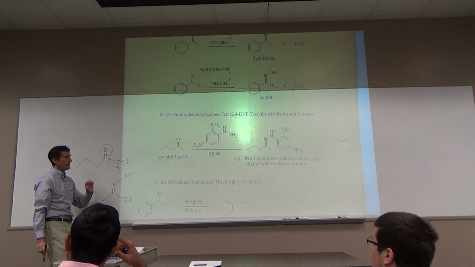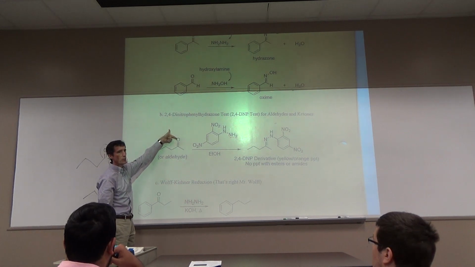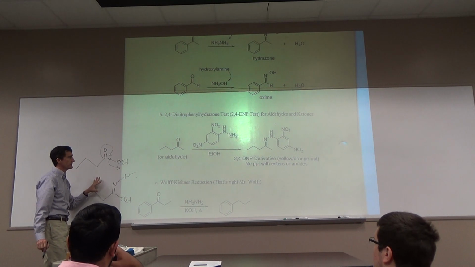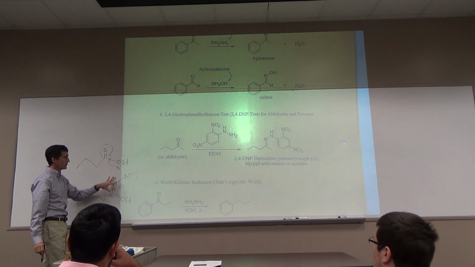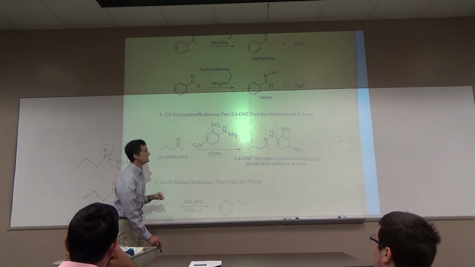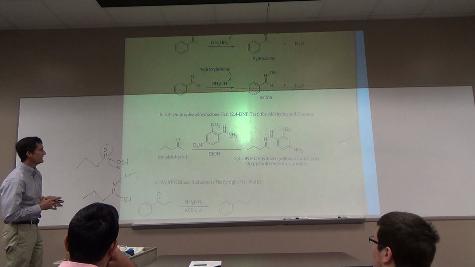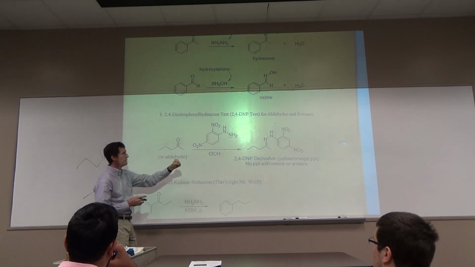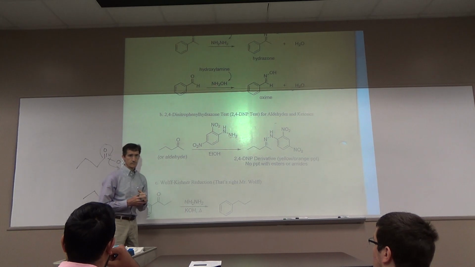Only aldehydes and ketones lose the oxygen as water. This has another leaving group. It's acid derivative chemistry, and this is going to be slower, where the aldehyde reaction is going to be pretty quick. In the end, acid derivatives don't do this chemistry. They don't give a precipitate. You only get a positive with aldehydes and ketones.